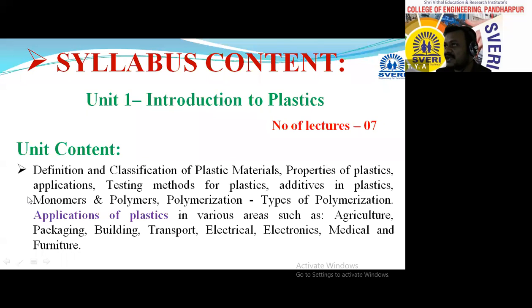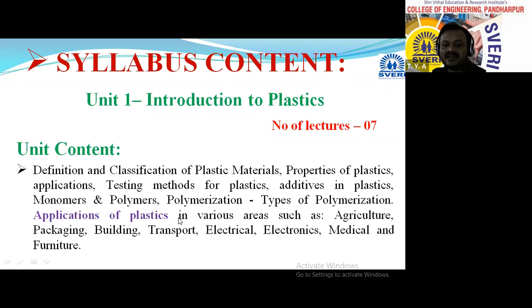This is a very important concept, polymerization, and its different types. Addition polymerization, condensation polymerization, like that a number of types are there that we are going to discuss. This is a very important part. You can highlight this.